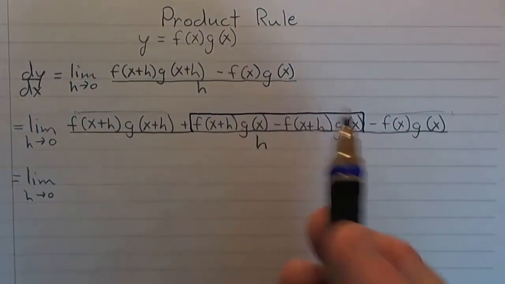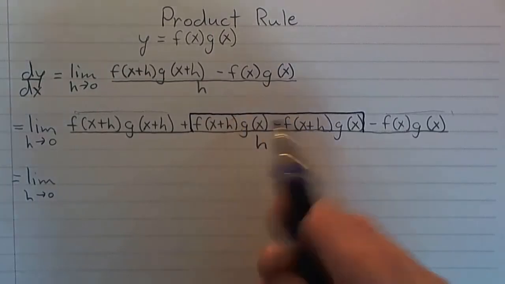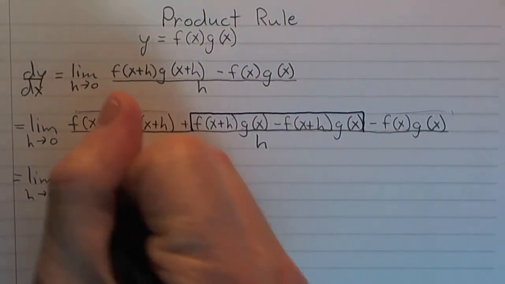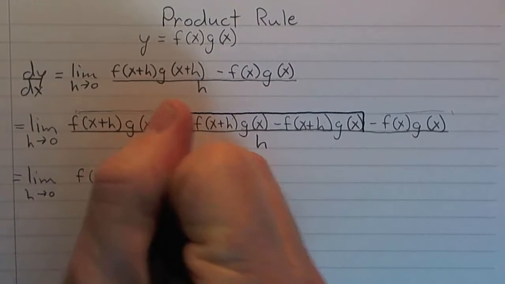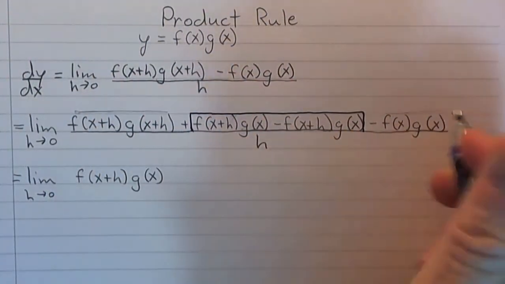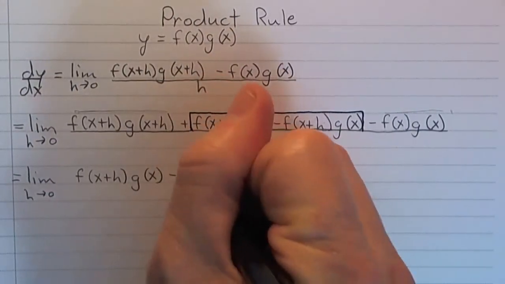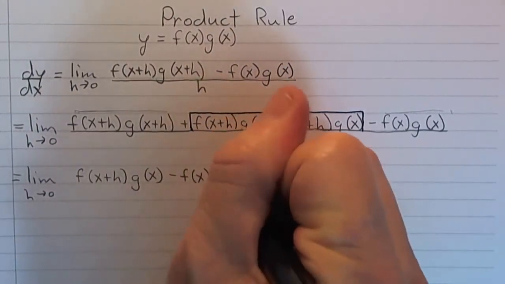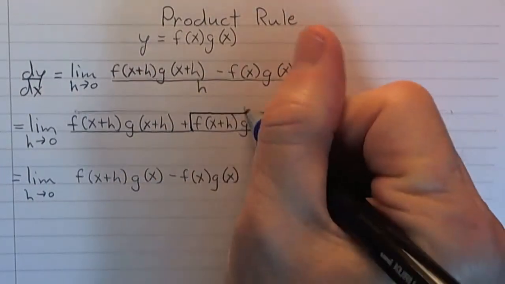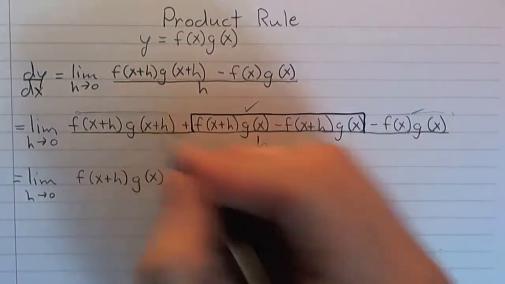So let me do that. Let me take this first one right here, and I'm going to take f of x plus h, g of x, minus f of x, g of x. See? I just put this one and this one together. And then I'll put the rest of it together.